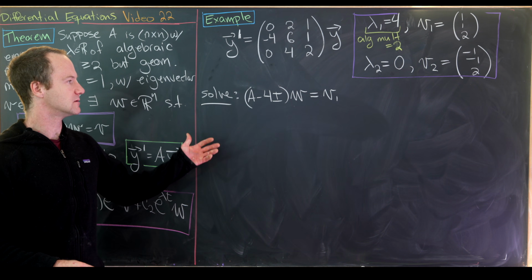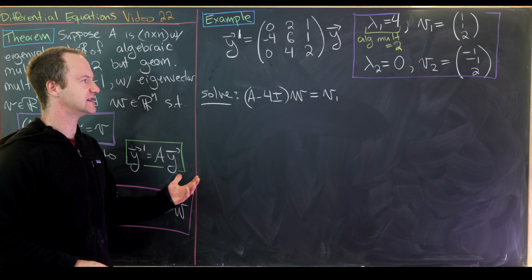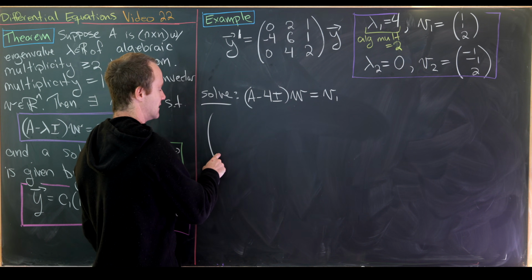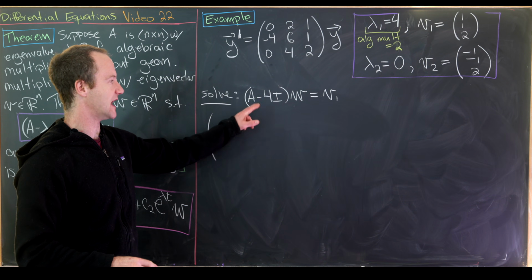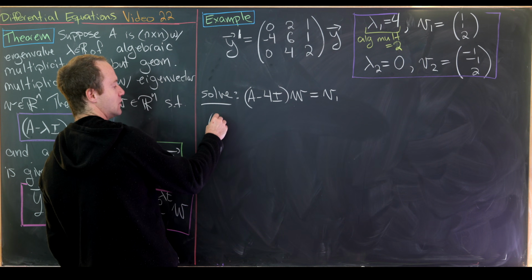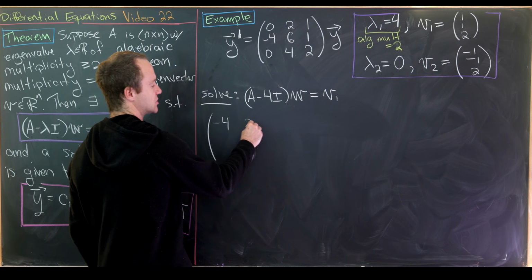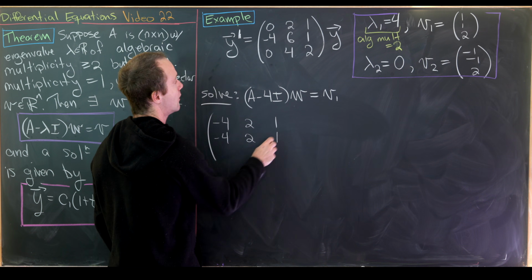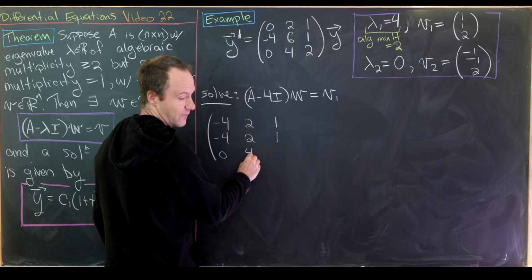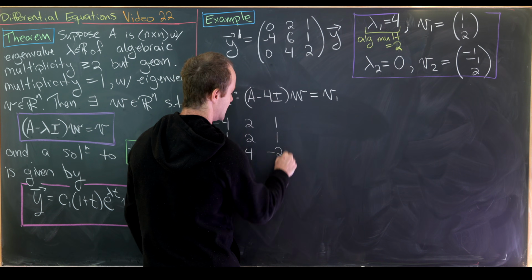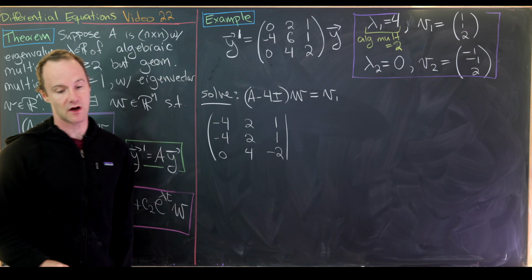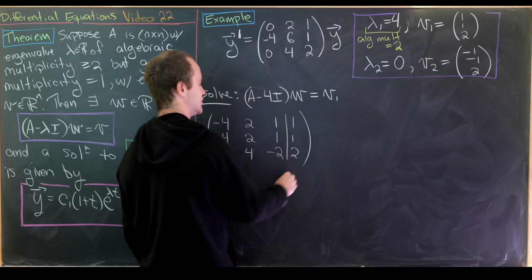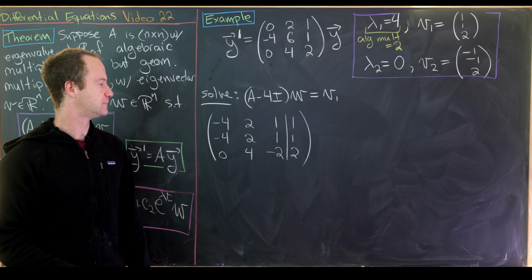Okay, but let's notice that we can very easily put that into an augmented matrix form. So over on the left part of the augmented matrix will be A minus 4I, which turns into minus 4, 2, 1, minus 4, 2, 1, and then 0, 4, minus 2. And then over on the right part of the augmented side, you'll get V1, which is 1, 1, 2. So this is just basic linear algebra stuff here.